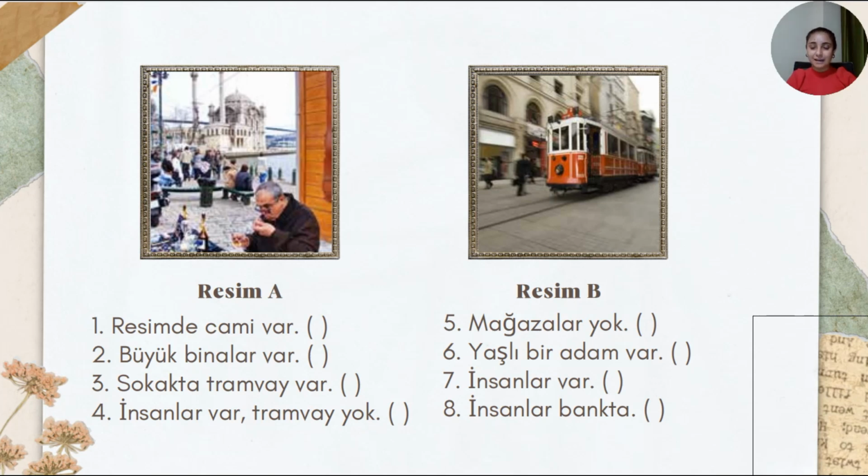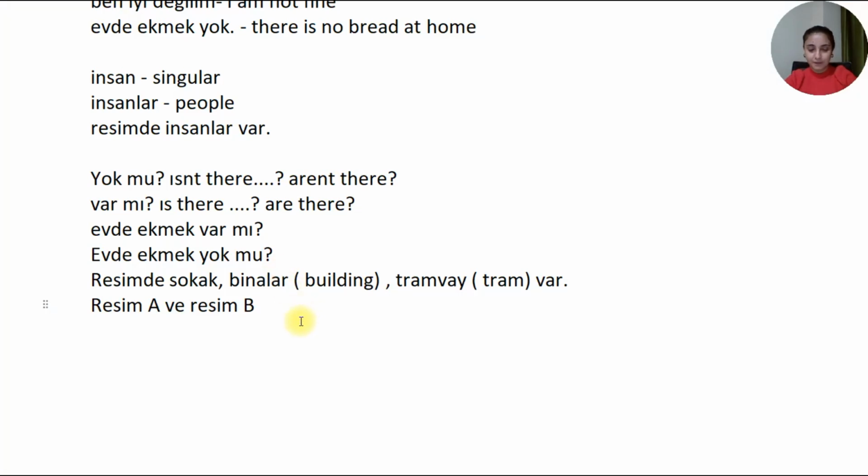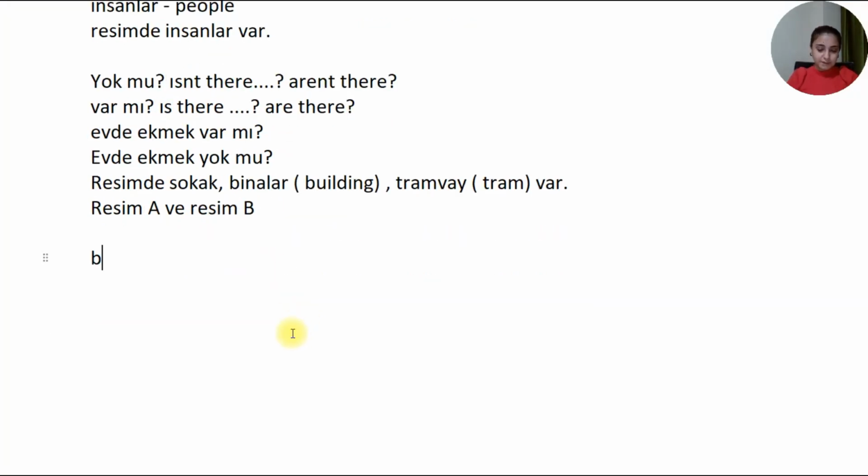İnsanlar bankta. Bankta. What is bank? Don't say bank. It is not bank. This is a tricky word. Let's be careful about it. In Turkish, we say bank for bench. And what about bank in English? We say banka.